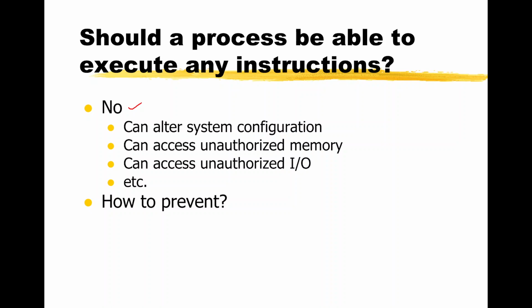Or if it gets into my system and copies things from my system, that's dangerous. You shouldn't be able to just write and go directly to the hardware and do something, right? So that has to be controlled. Because the problem is that it can alter system configuration. It can mess up my system. It can access unauthorized memory, unauthorized keyboard, etc. And that's what most viruses tend to do. So we have to prevent that. So how do we prevent that?